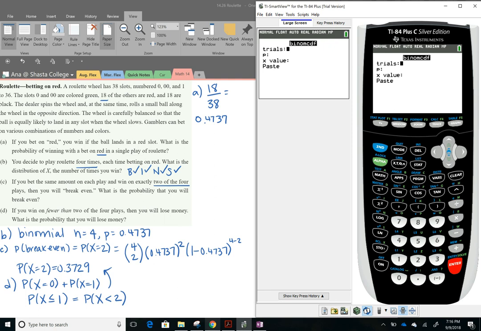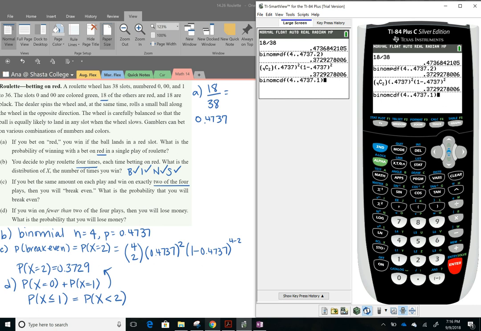The number of trials was 4. The probability constant was 0.4737. The x value is 1, and I'm going to paste it, which is 0.3529.